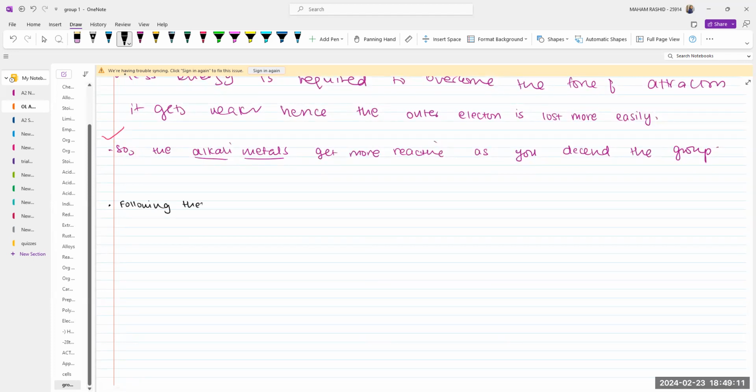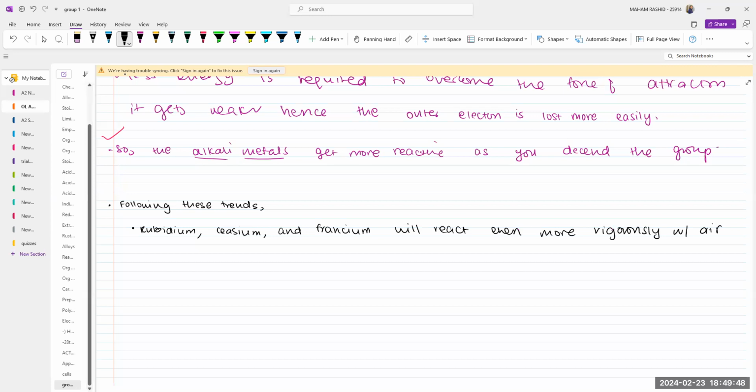Following these trends, rubidium, cesium, and francium will react even more rigorously with air and water than the first three alkali metals?